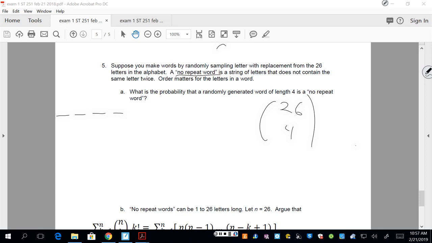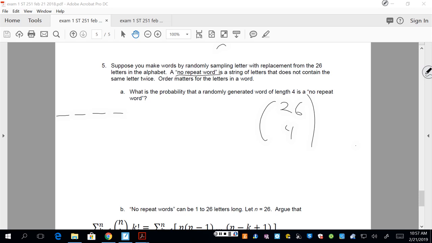Right? But, yes? Is it 4 factorial? Yeah, 4 factorial would be a way of, if you had letters, say A, B, C, D, how many ways can I put those in this pattern? I can put 4 choices here, 3 choices here, and so on. So if we're doing it without replacement, it's going to be going down like that.